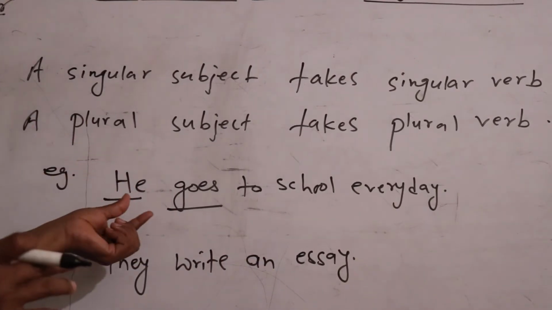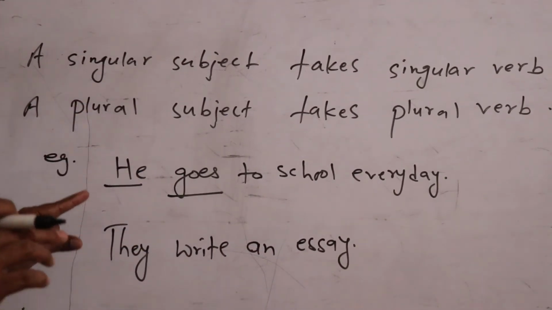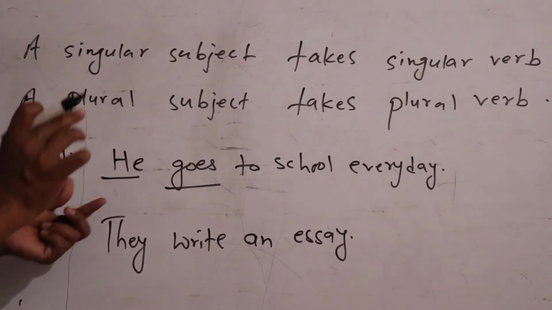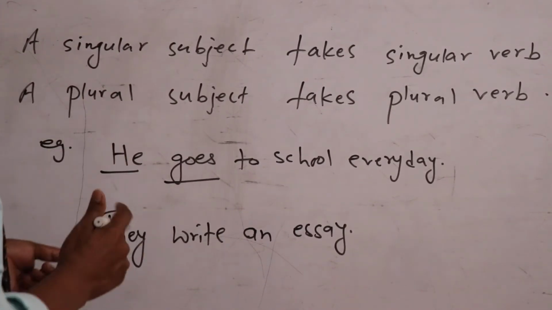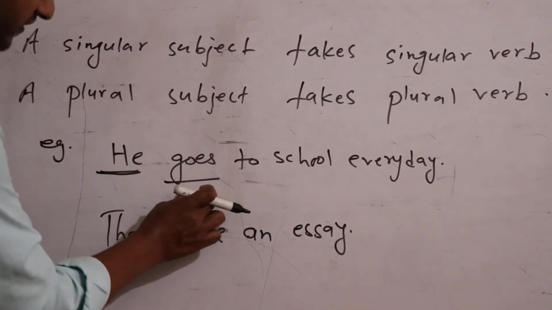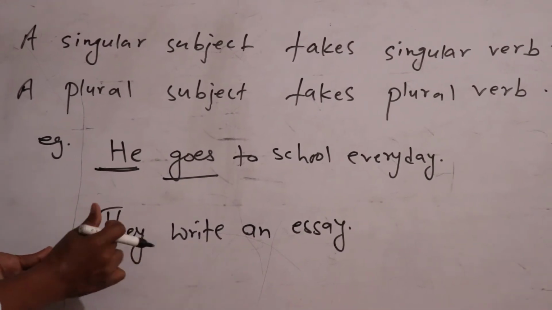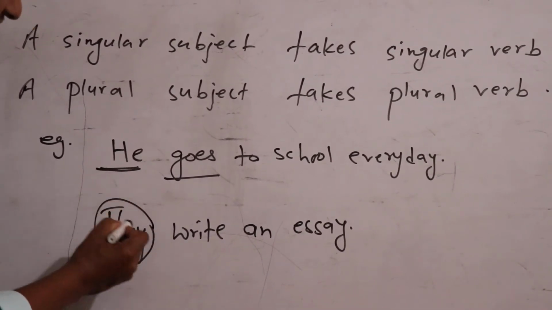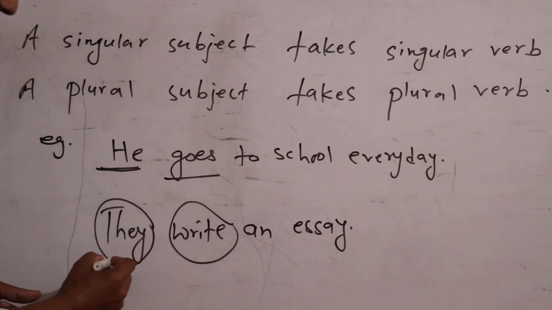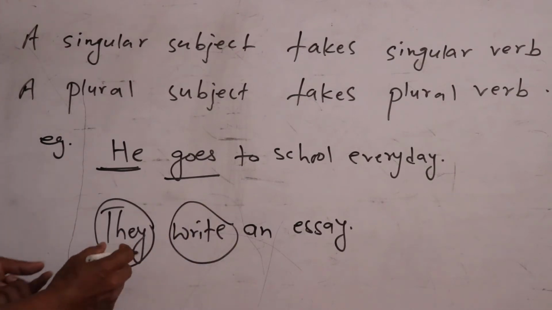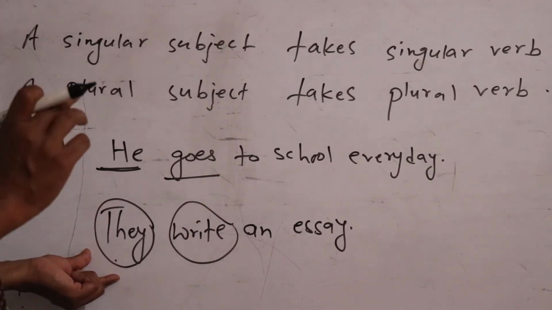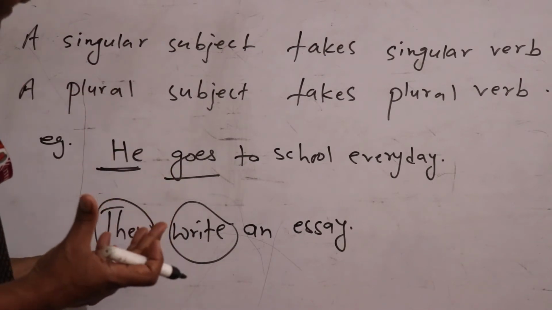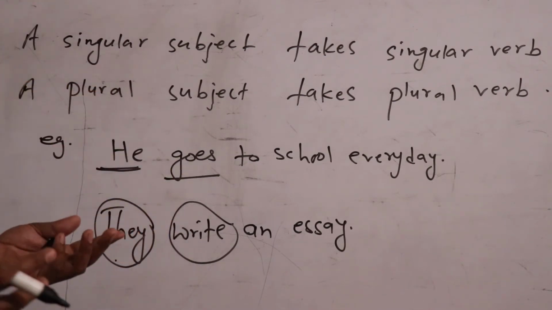What differences do you find in these two sentences? Yes, of course there is a difference. Here is a singular subject, singular verb. In the second sentence, there is a plural subject and plural verb. They means plural. Not a single person, but many. They indicates there are many persons.